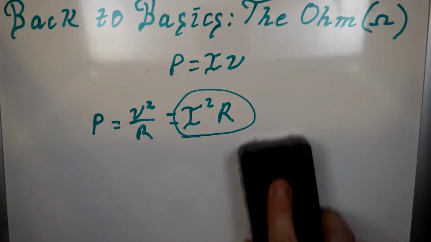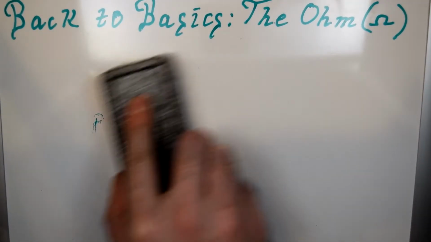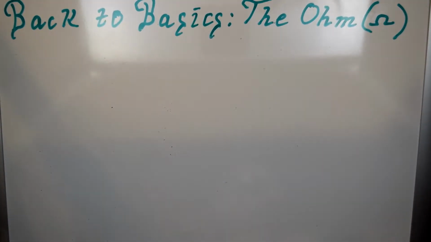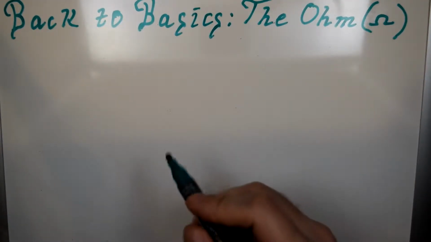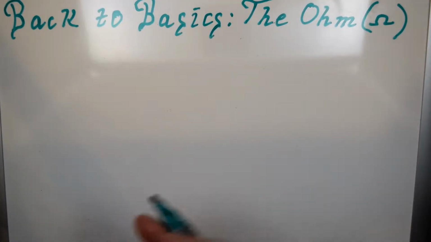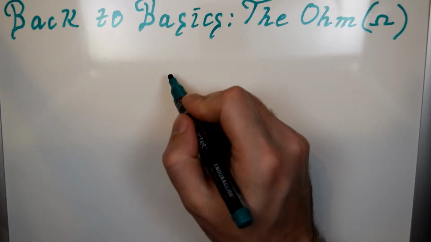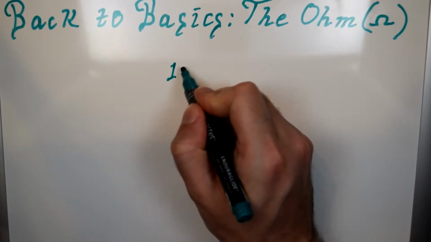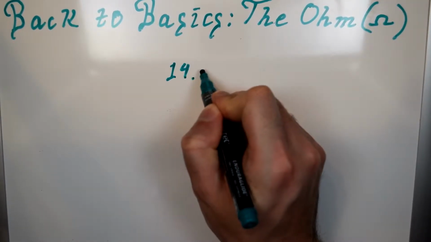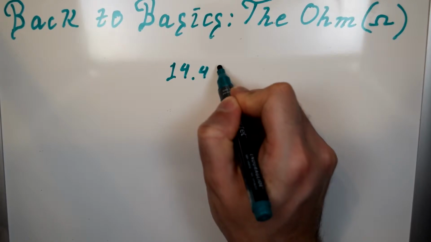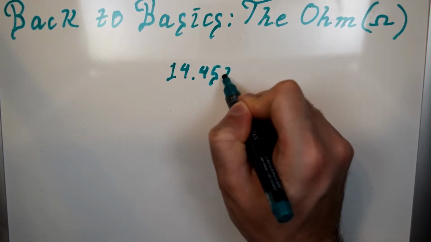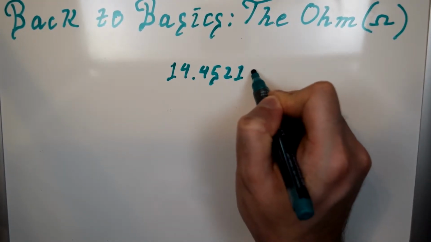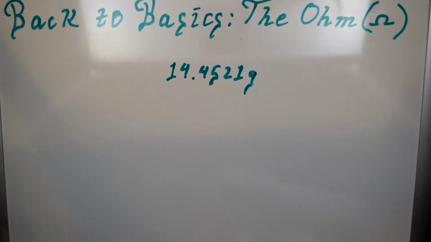Now, the standard for measuring the ohm used to be, and I need to double check on these units, I want to make sure I have them right. Get yourself some mercury, weigh out 14.4521 grams of mercury.